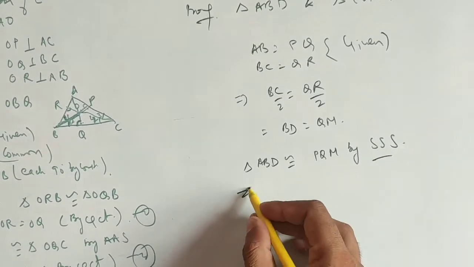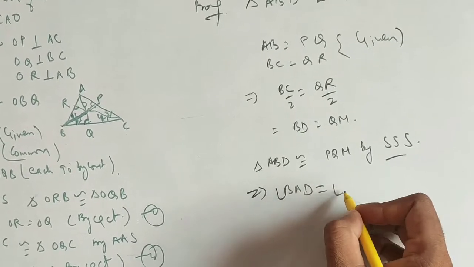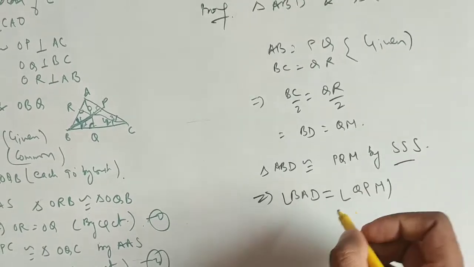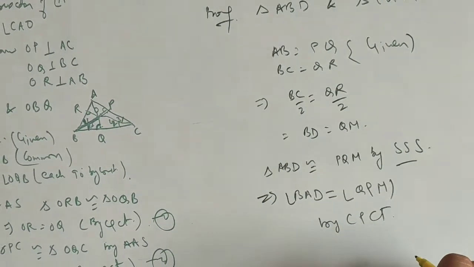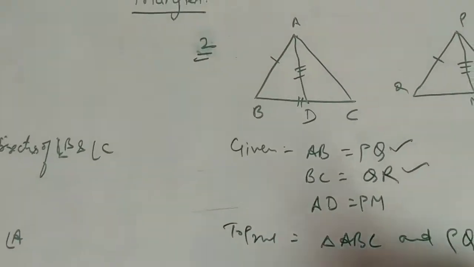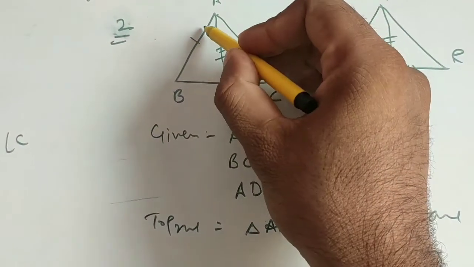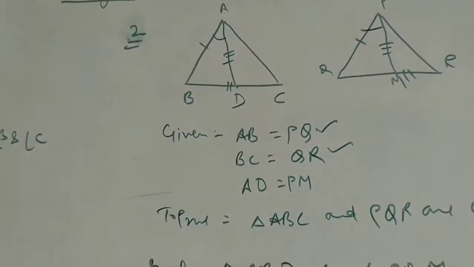So from this we can also say that angle BAD is equal to angle QPM by CPCT. By CPCT, these two angles, BAD and QPM, are equal.